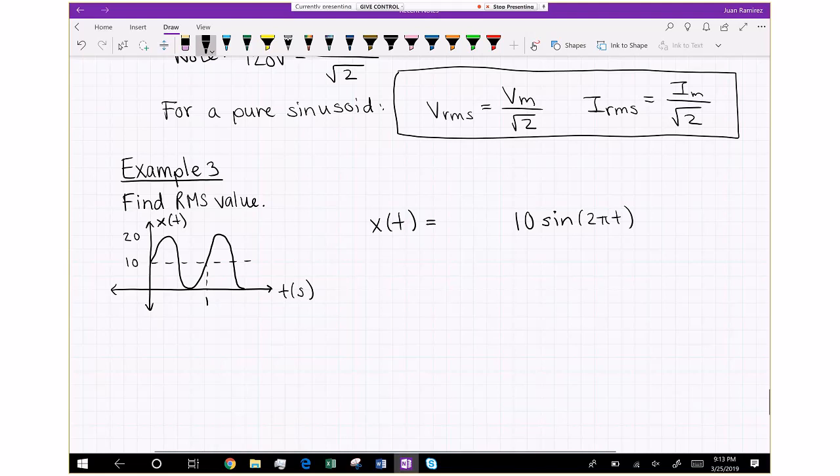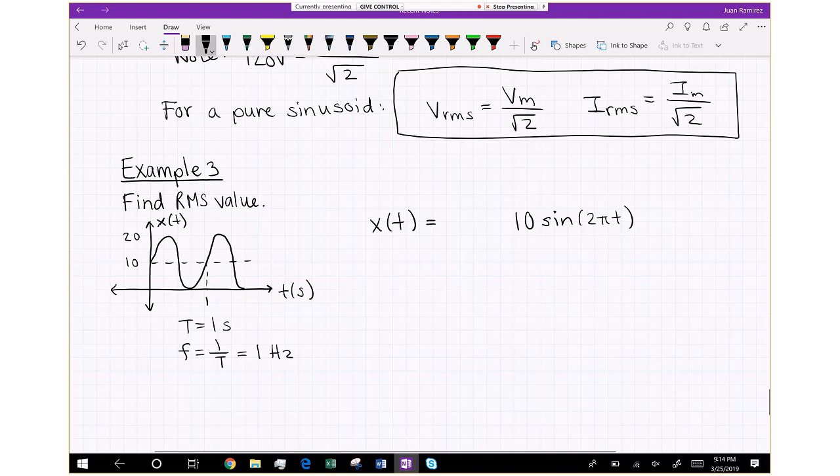And the argument is 2 pi, right? Because the coefficient before t will be omega, the angular frequency, which is 2 pi f. In this case, f is equal to 1. Period is equal to 1, and therefore f is equal to 1 over the period, which is 1 hertz.